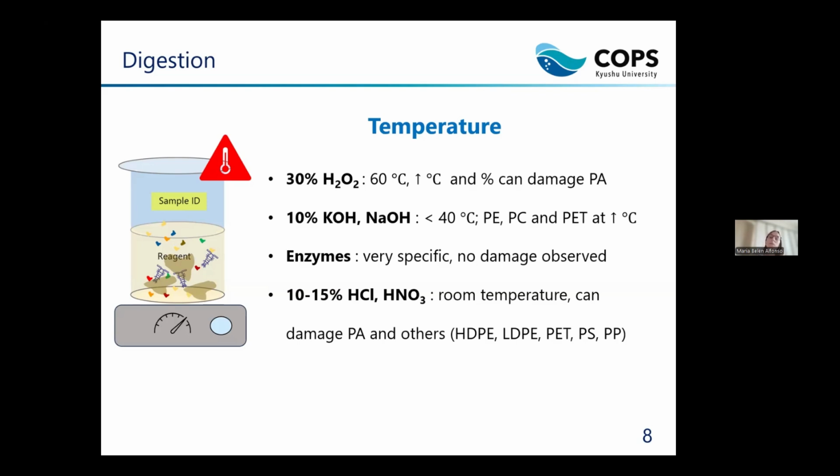But if you want to know 100% for your protocol whether it will damage your target particle size or the polymer type that you're interested in, it's better to make this kind of trial in your lab and see if the temperature and the conditions you're using for your sample digestion can damage the plastic polymers or the size or the structure of the particles, right? But these are the recommendations from the cited literature from previous studies.